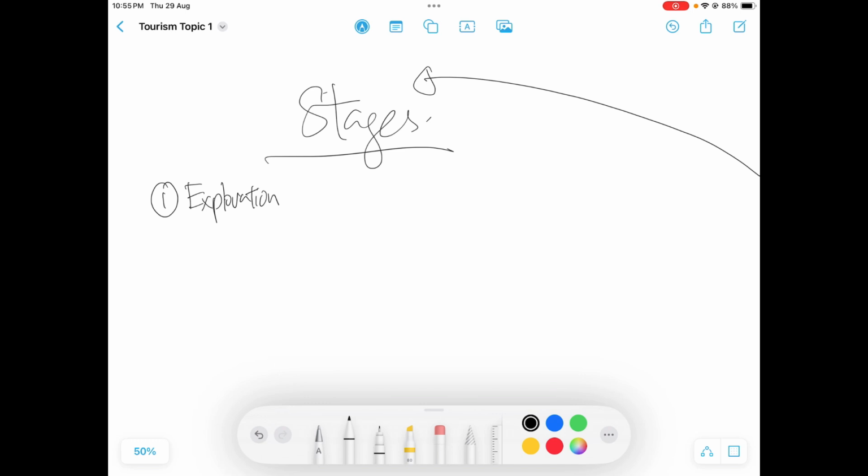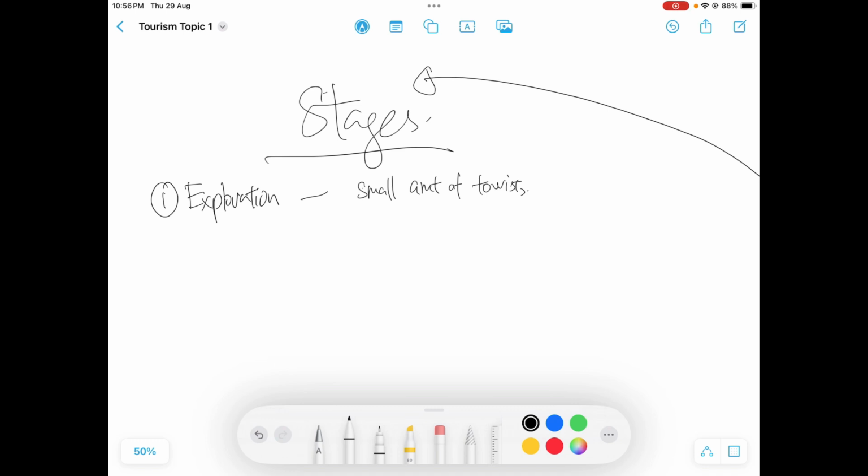The main characteristic is that it is usually visited by a small amount of tourists, right? And most tourist destination regions started off with that. But you also need to understand that not all places develop in the same manner or even develop through all stages. They may skip some stages, okay.